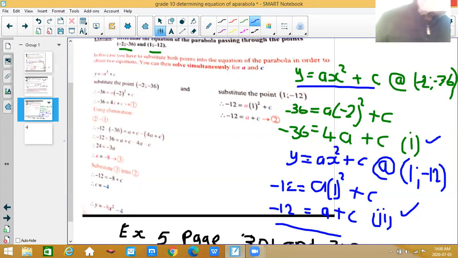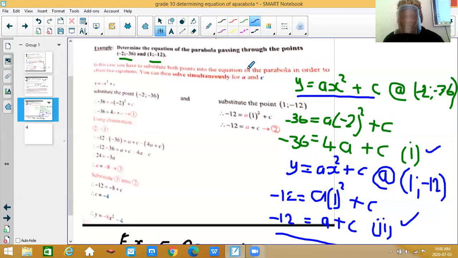Right, it should be done now, right? If you are not yet done, no problem. Let me update this one. Okay, what did you get as the values of A? What was your A?